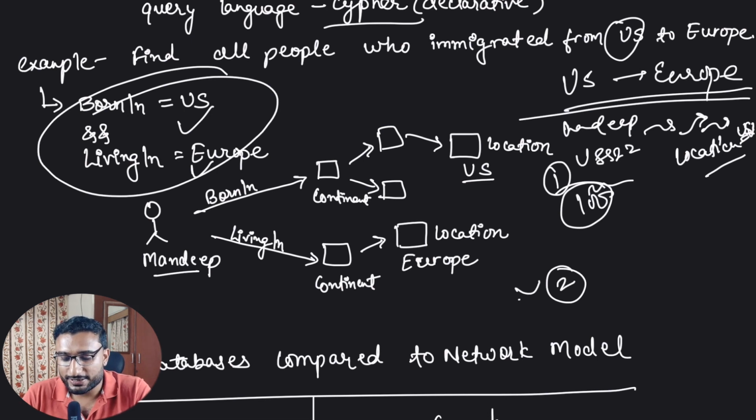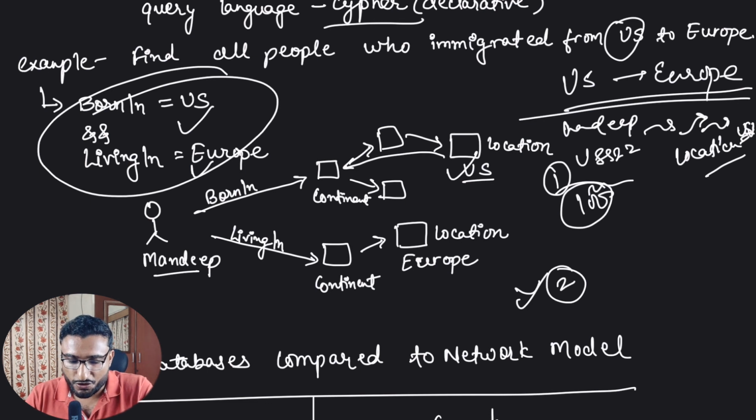ठीक है. Now another way could be that I start from the location equal to US. So I start from this and then I move backwards. ठीक है. So in here your born in location should be US and your live in location should be Europe. ठीक है.